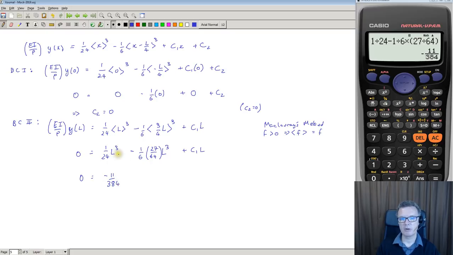So my L to the power 3 is going to become L squared plus C1 because I've divided through by L. And let's just present the final answer. C1 therefore is going to be 11/384 L squared. Okay, so that's done.